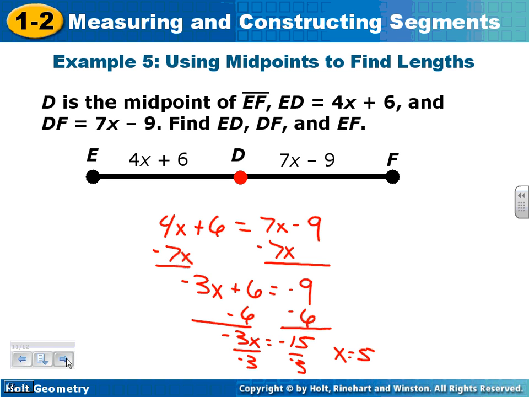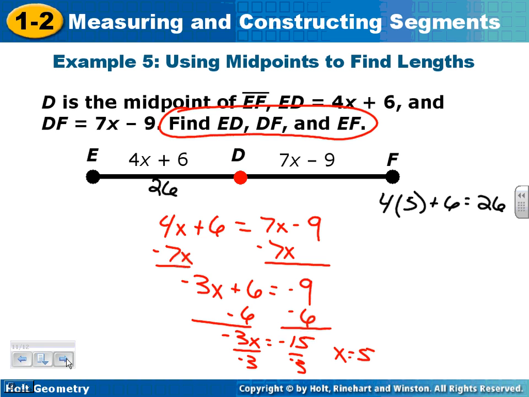But not my final answer. I need to find all three of those lengths. So I just plug it in. If I plug it into the first one, 4x plus 6, 4 times 5 plus 6, that's 26. So this length over here is 26. Do the next one, 7x minus 9, so 7 times 5 minus 9.